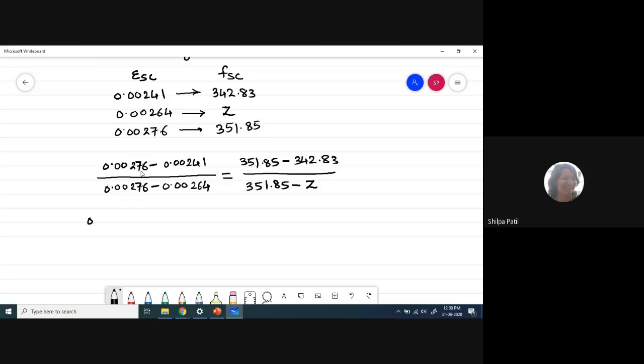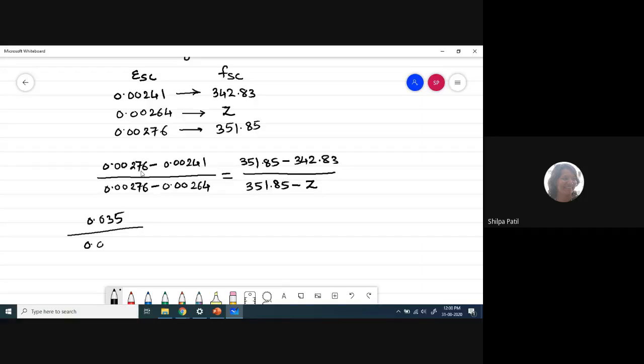0.00276 minus 0.00241 is 0.035 divided by 0.00276 minus 0.00264.